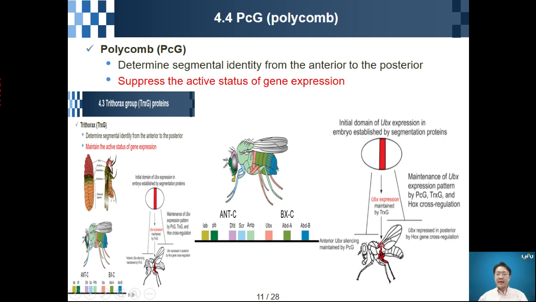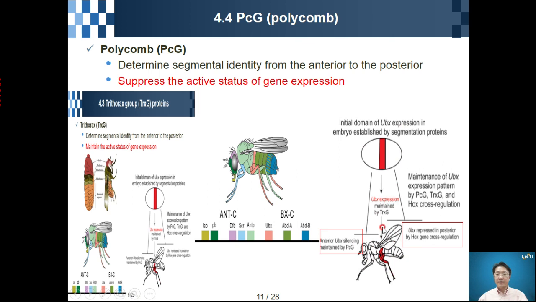In this case, the Polycomb group protein suppresses the active status of UBX expression in this segment and also in this segment.